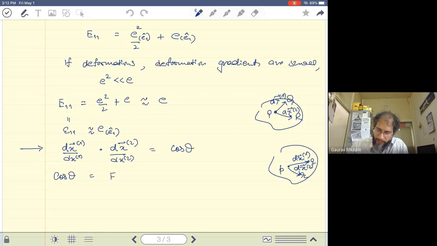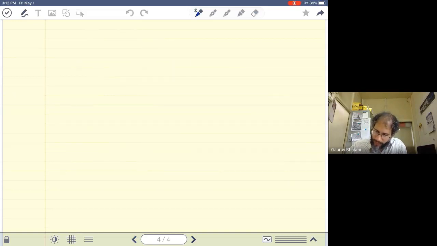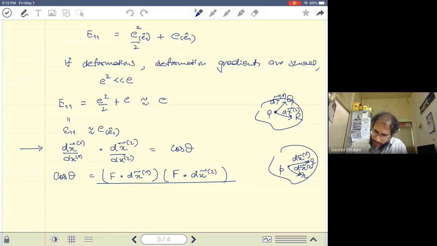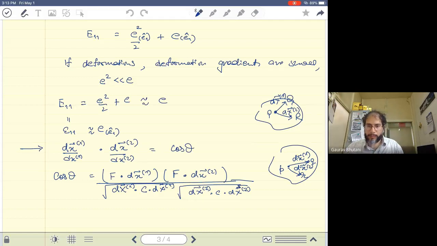So this becomes F dot d small x1, and d small x2 can be written as F dot d small x2, and their magnitudes can be written like this.